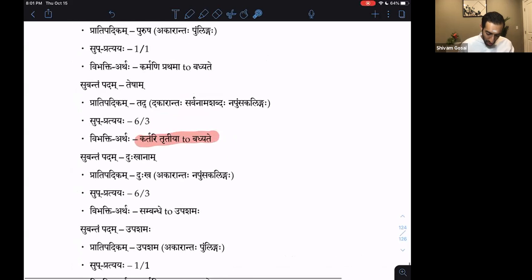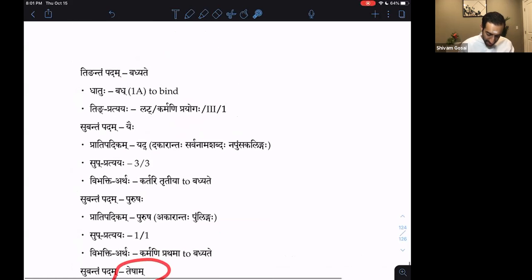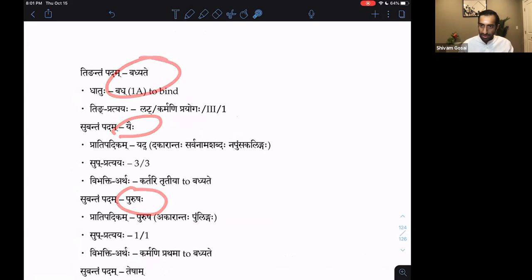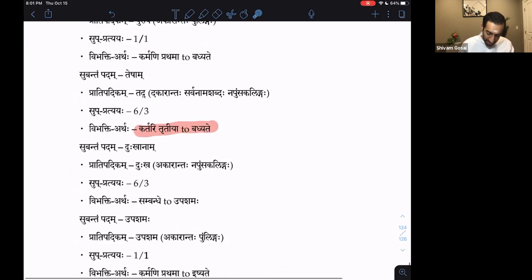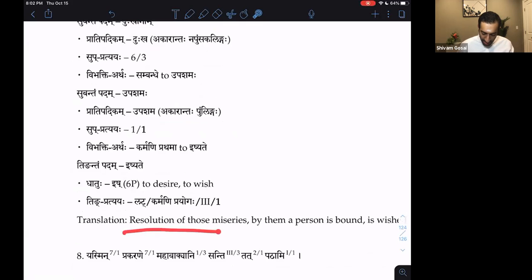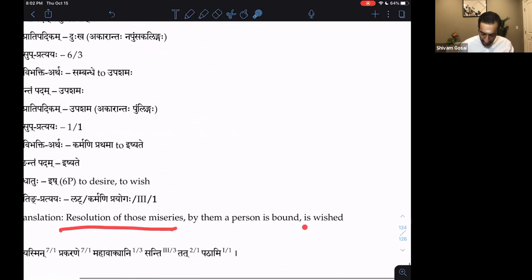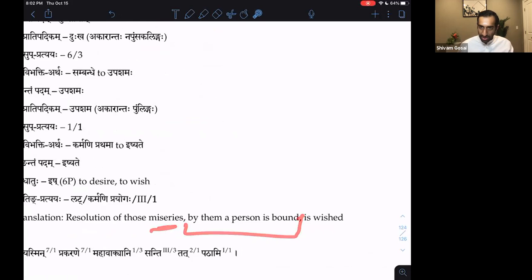Now those are described here. Those by which a person is bound. So if we use commas strategically, resolution of those miseries is wished, and those miseries are described here in the yad clause, by which a person is bound. I like by which a person is bound.